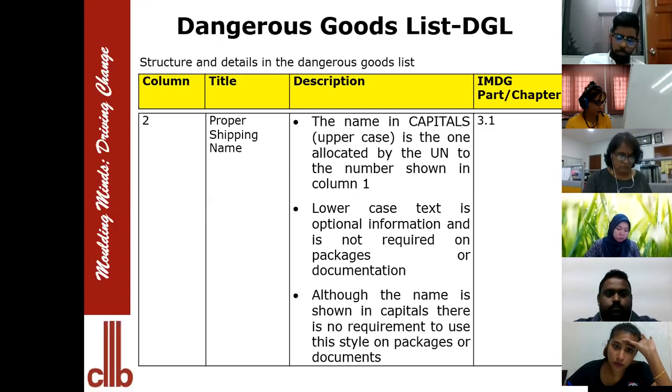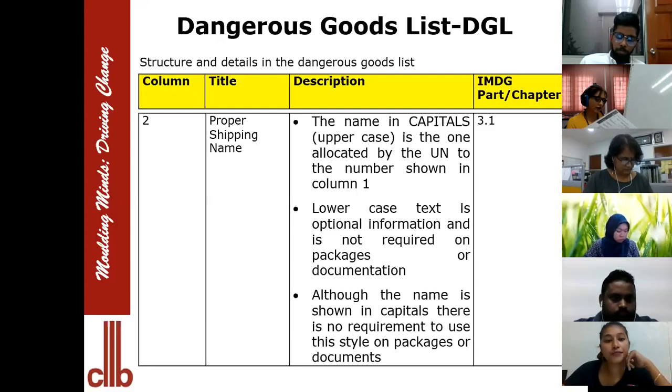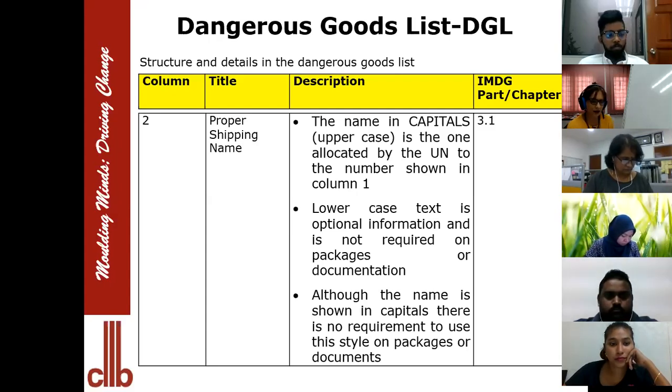Sometimes the PSNs will have an "and" or an "or", it could be this or it could be that. So what do we do? Look at DGL page 51, you will see UN number 1170. Do you see that? They tell you it's ethanol, ethyl alcohol, or ethanol solution.